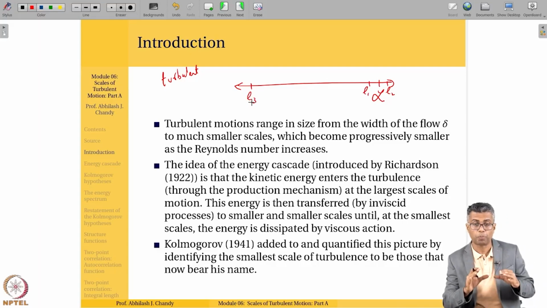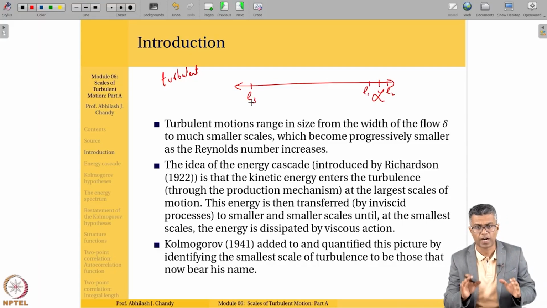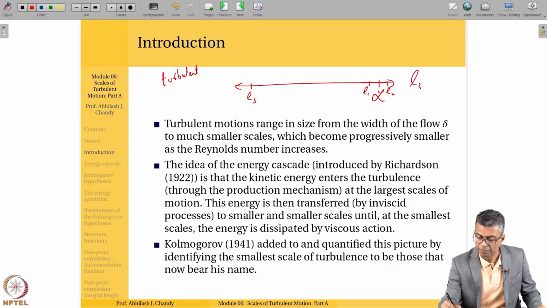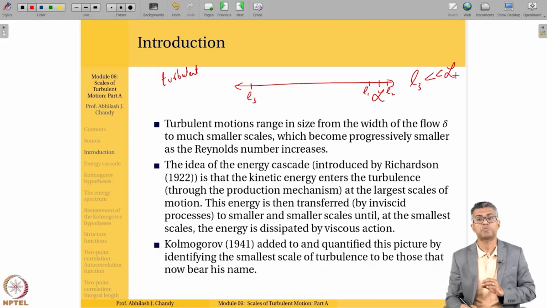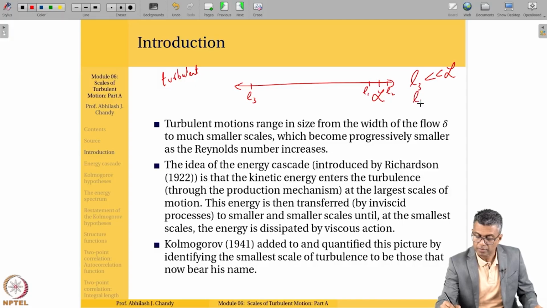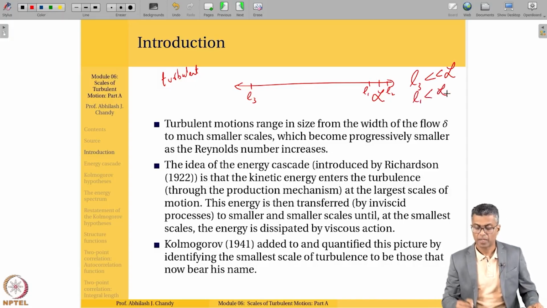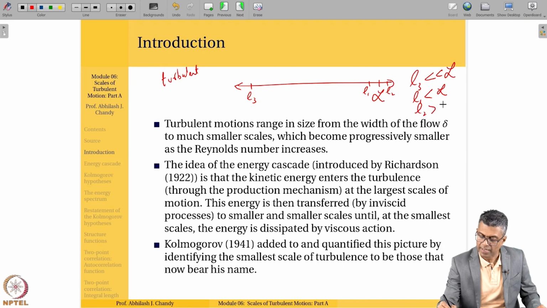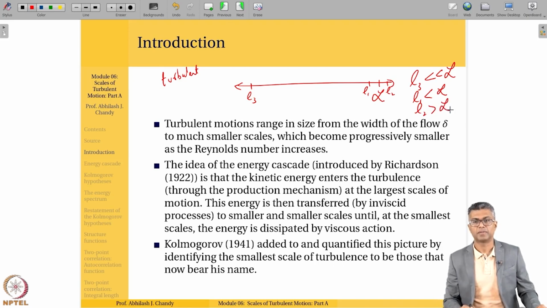We are going to have proper names for these length scales, but for now, just think of it as L1, L2, L3. L3 is much smaller than L. L1 is probably slightly smaller than L, and L2 is slightly larger than L.